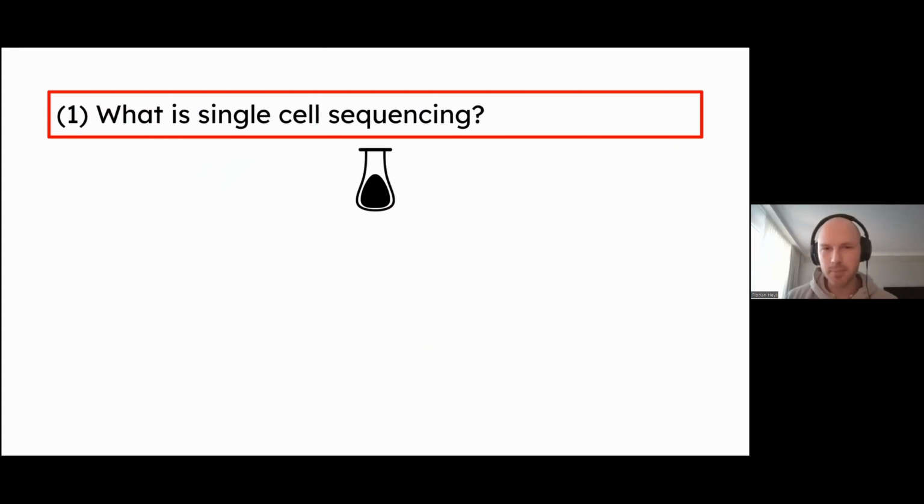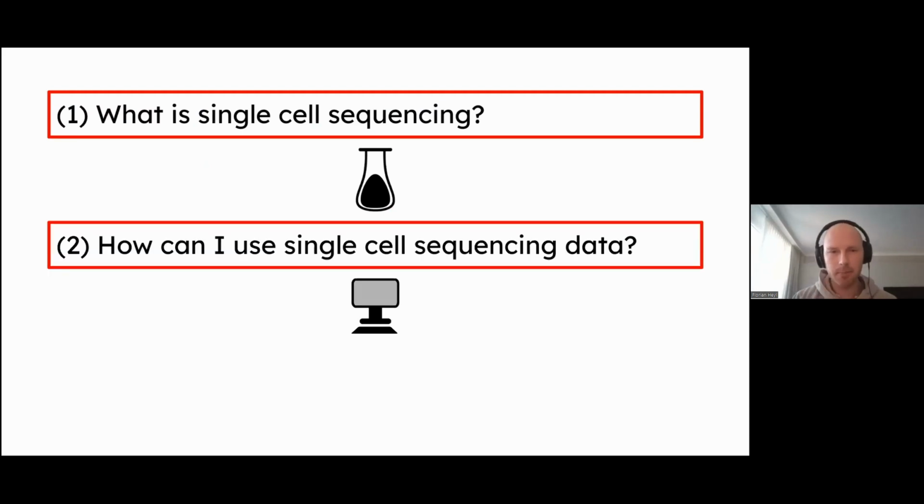I structured this presentation in 3 big parts. The first part is what is single-cell sequencing. With that, I want to cover basically the laboratory part. The second bigger part is how can I use single-cell sequencing data.